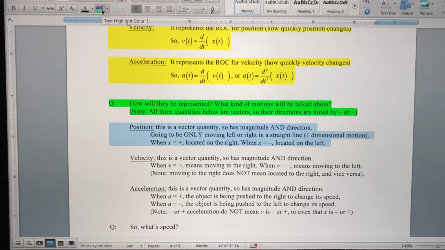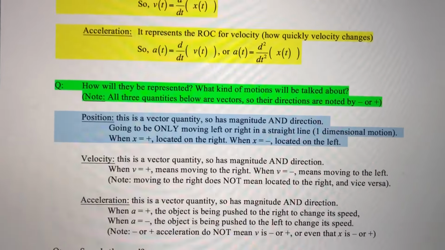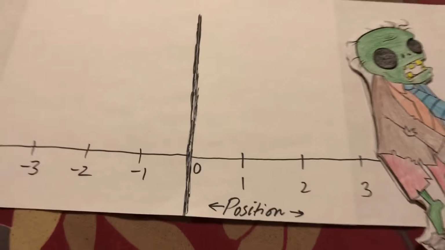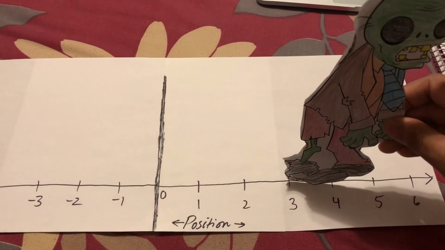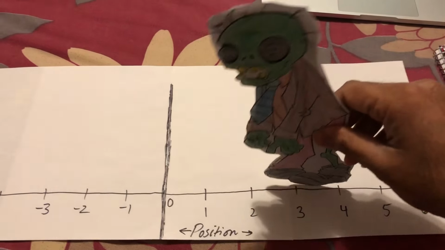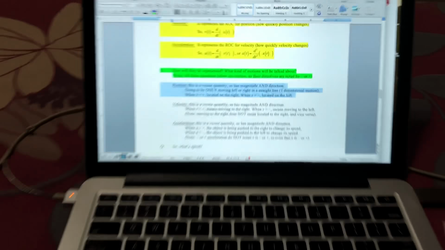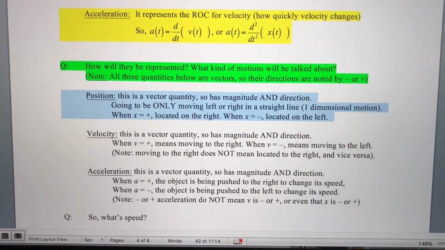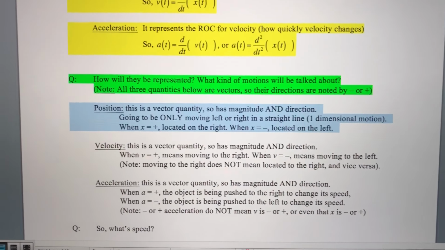Position is a vector quantity, so it has a magnitude and a direction, but it's only moving left or right in a straight line, just like the zombie here. When that x is positive, you're on the right side, but when that x is negative, you're on the left side.